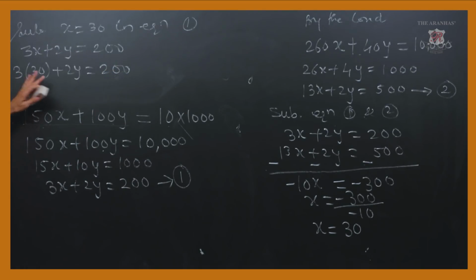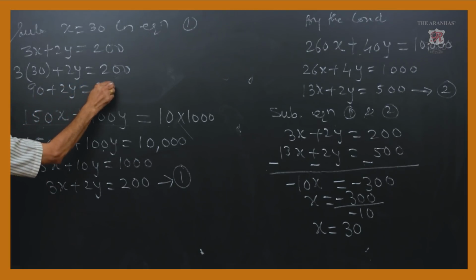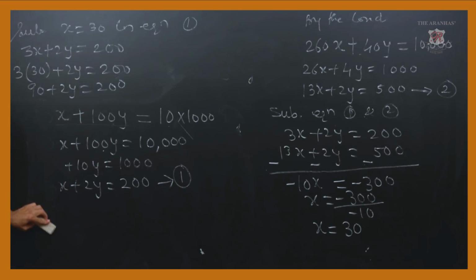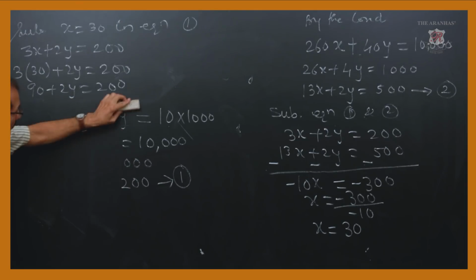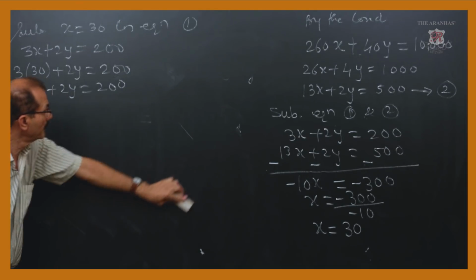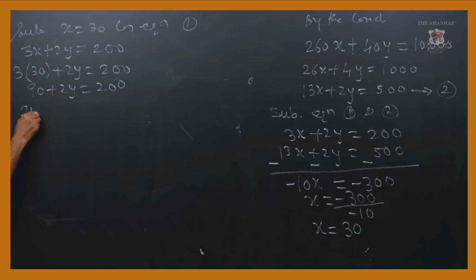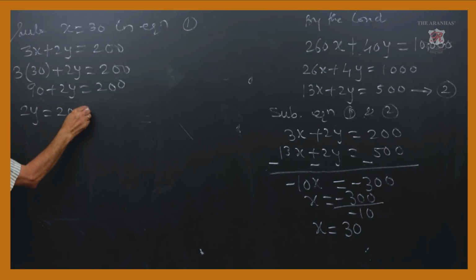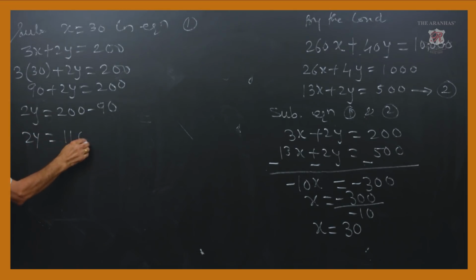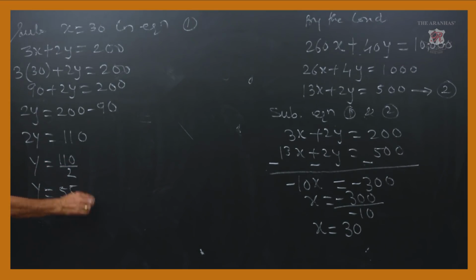I hope this is clear. 90 plus 2y is equals to 200. 2y is equals to 200 minus 90. 2y is equals to 110. So y is equals to 110 upon 2. So y is equals to 55. So I got the value of y as 55.